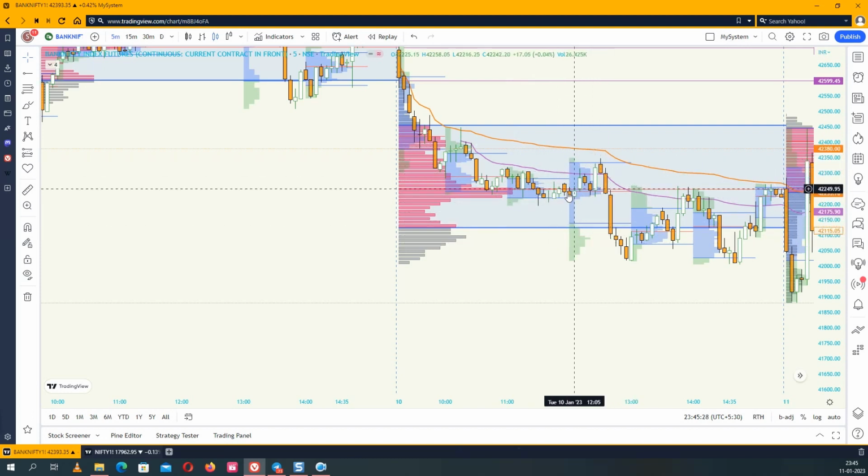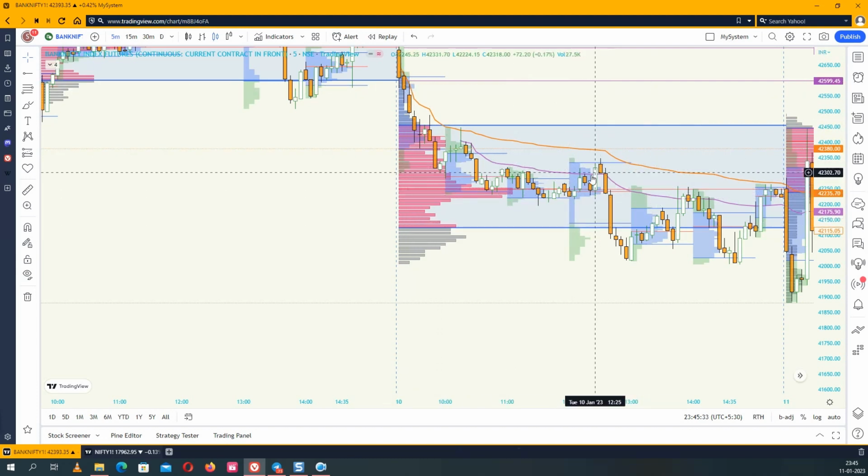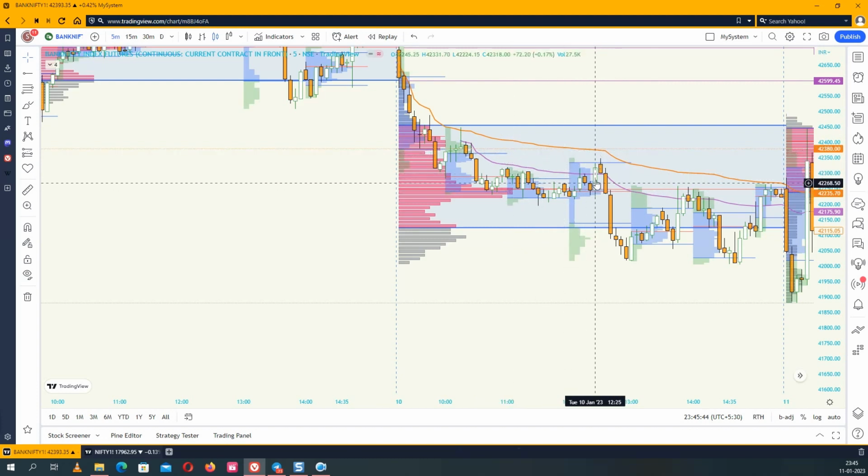For the upside, as I am short from here, my SL would be if the market closes above the VWAP or that value area high, then I will simply book my PE. But it never happened.